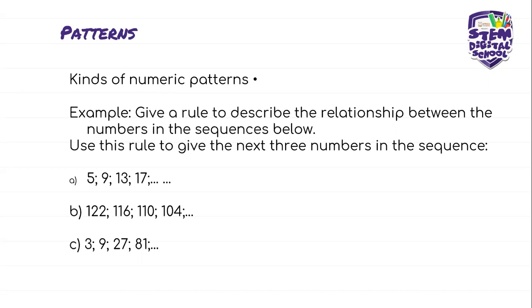The last one, or the C there, we have 3, 9, 27, and 81. I've given you the rule already. Can we now use the rule to find the next 3 terms? Right, Mien says the next term will be 243. Correct.